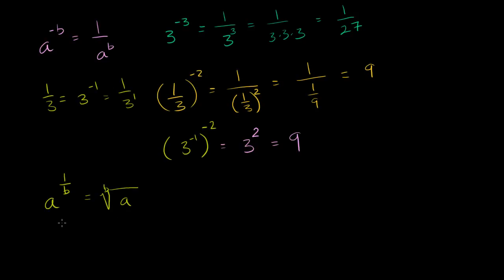Let me be very clear, let me make it with some numbers here. If I said 4 to the 1/2 power, this is equivalent to the square root of 4, which, if we're taking the principal root, is equal to 2.